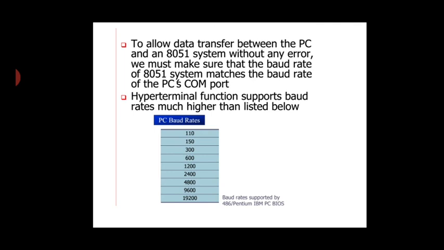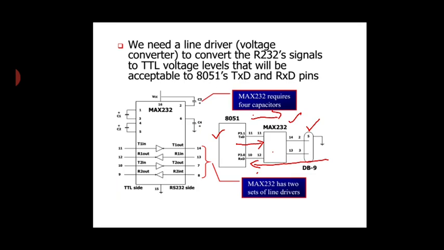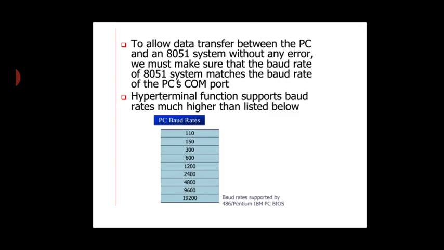All the way your data will be transmitted from the computer to the microcontroller through the MAX 232, and the data will be received at port 3, that is 3.0 and 3.1. Whenever you are performing an operation, you should not forget to set the baud rate. That is very important. How the baud rate will be set, we will see in a further class. Thank you.